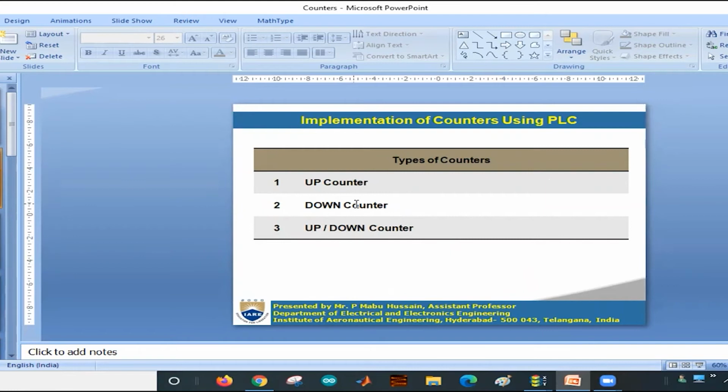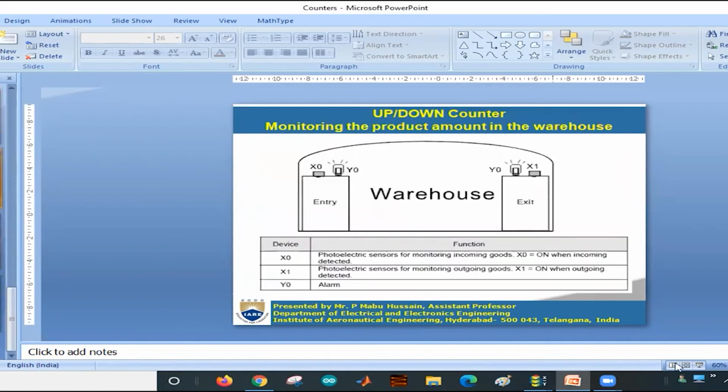If you have any application, mention it in the chat box, and I will try to design the counter for that particular application. I expect there is no industry which will use the down counter alone. Generally the up-down counter is used in industry. Let us see the up-down counter.